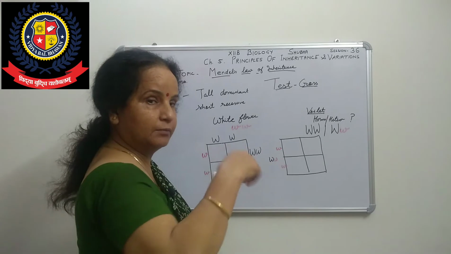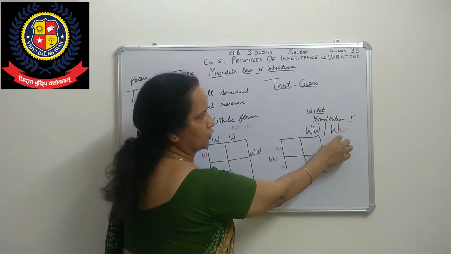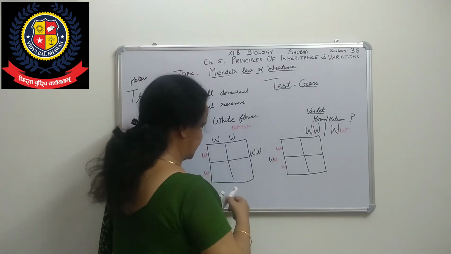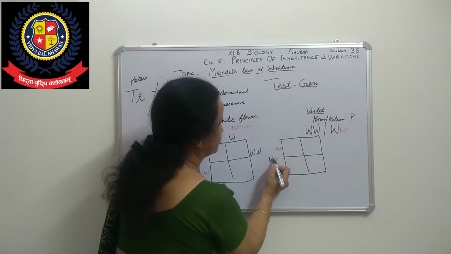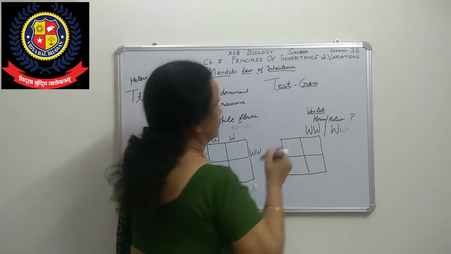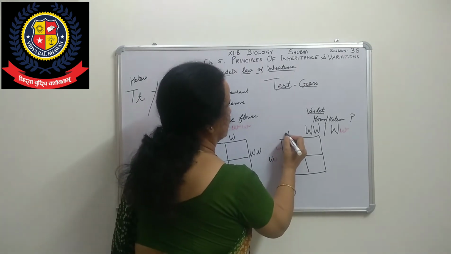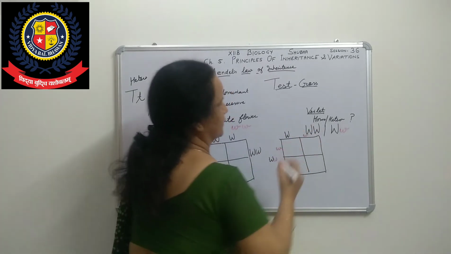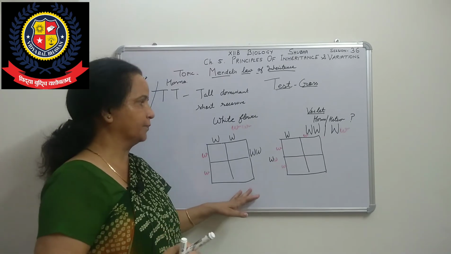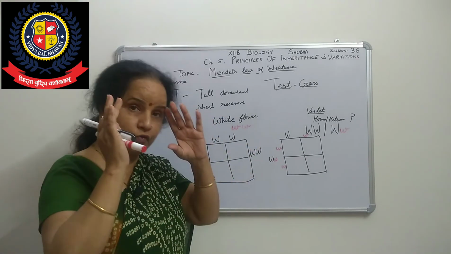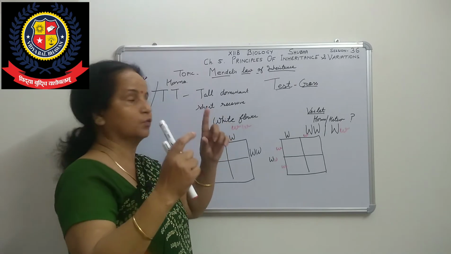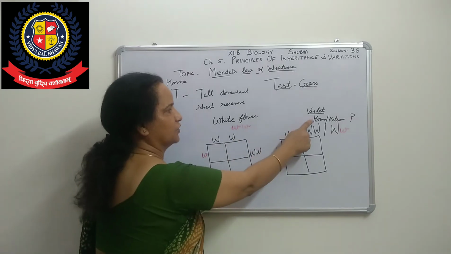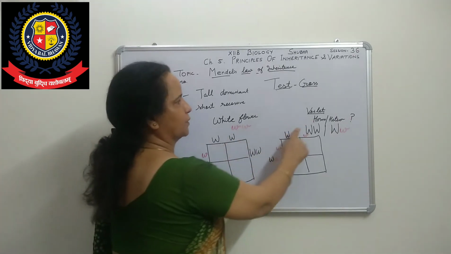Then we imagine that it may be heterozygous, and we multiply by this. Now what are the gametes here? Clear? So two Punnett squares, and we are doing hit and trial, trying whether it will be crossed by homozygous or by heterozygous.